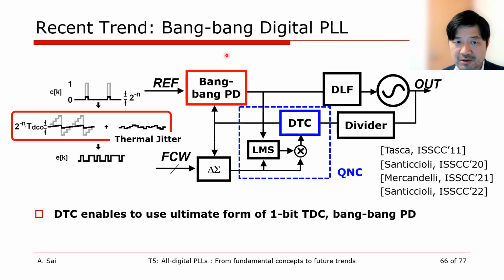The ultimate fine TDC is a 1-bit TDC. So this is a bang-bang phase detector. Since it can be implemented with a single flip-flop, it is the ultimate form in terms of the chip area and the power consumption.